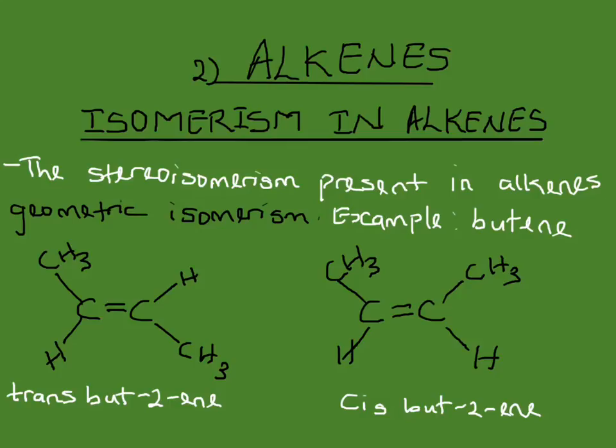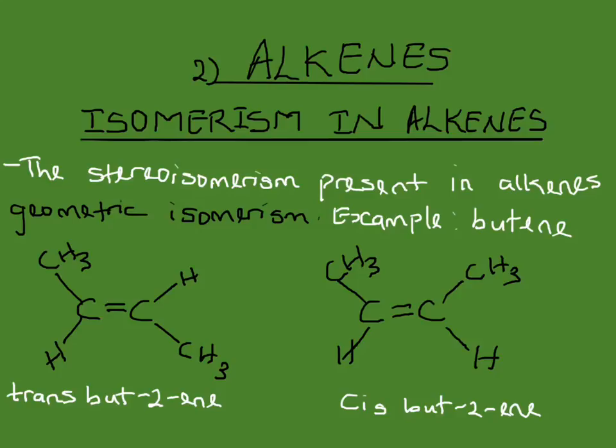Trans isomers result when the same atoms or same groups of atoms lie on opposite planes, while with the cis isomer, the same atoms or same groups of atoms lie on the same plane or same direction.